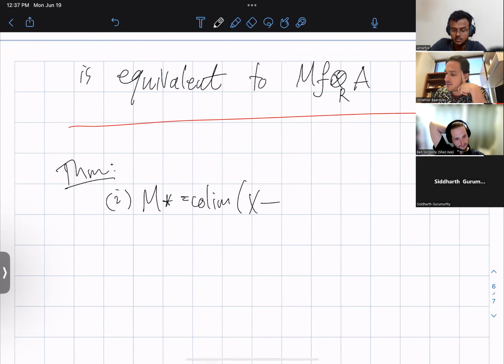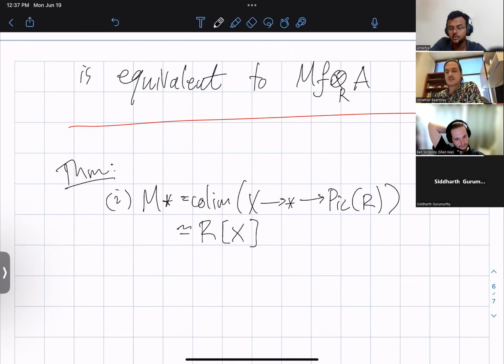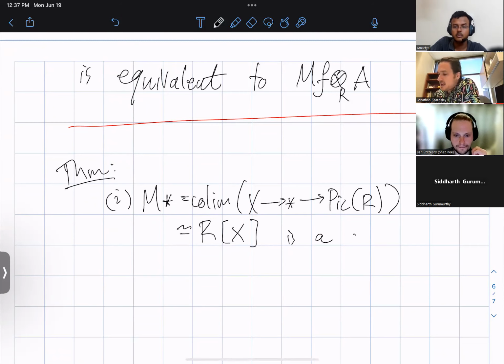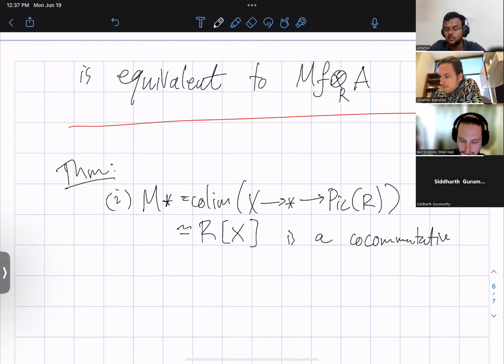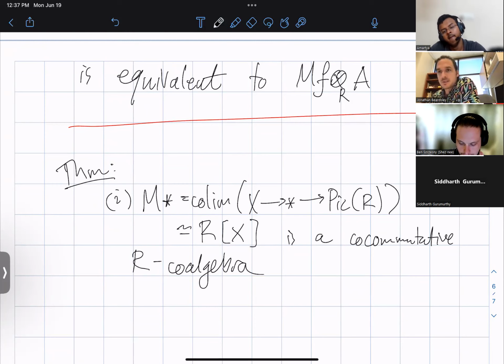So colim of X, contract to the point, and then map that to the base point of Pic R is, well, we've already talked about, this is R join X, and this is a co-commutative R coalgebra. So a coalgebra object in left R modules.